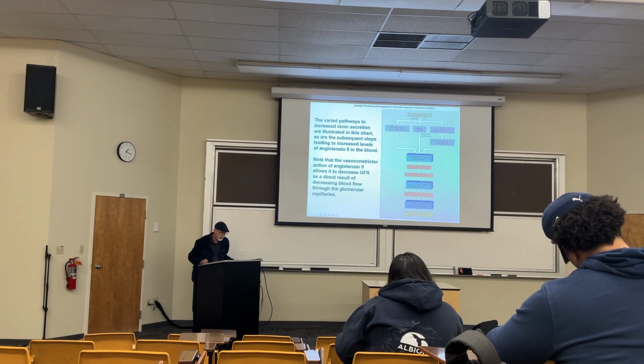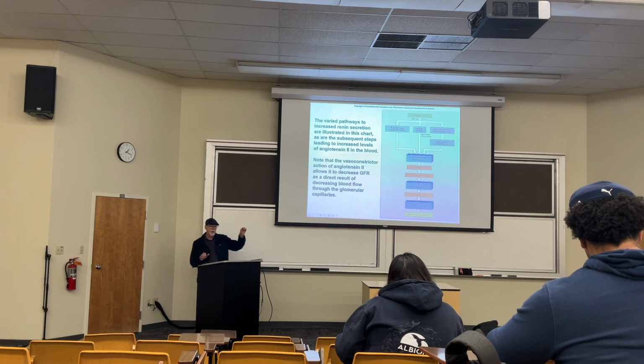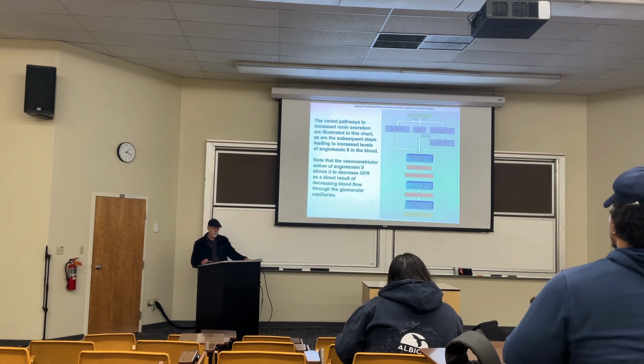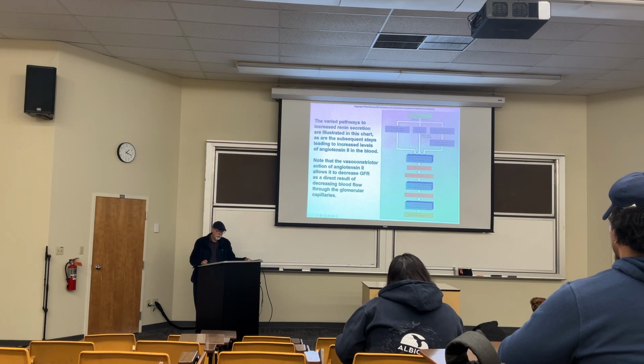This shows us some of that in this particular flow chart. If our plasma volume falls, we could increase the activity of the renal sympathetic nerves. That would constrict the afferent arteriole and decrease our glomerular filtration rate. We could also have, as our blood pressure is falling, baroreceptors.